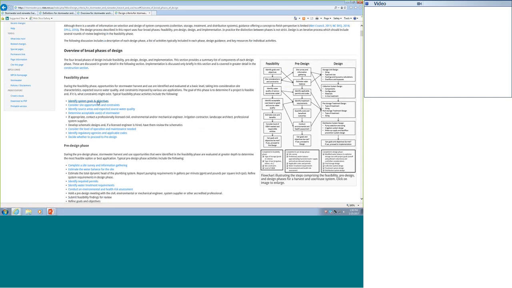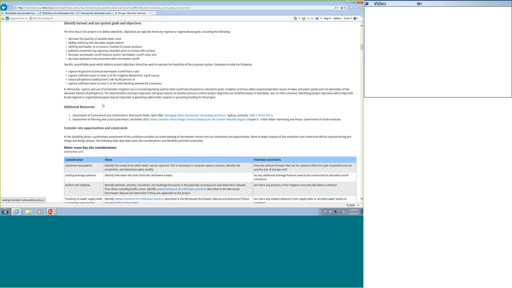So one of the key ones is to identify your system goals and objectives. So I spent a little time here. Some of your goals can be qualitative. You know, we basically want a system to reduce potable water demand, or we want to utilize stormwater as a resource. Or you can have quantifiable goals. And this really drives what your design will look like.